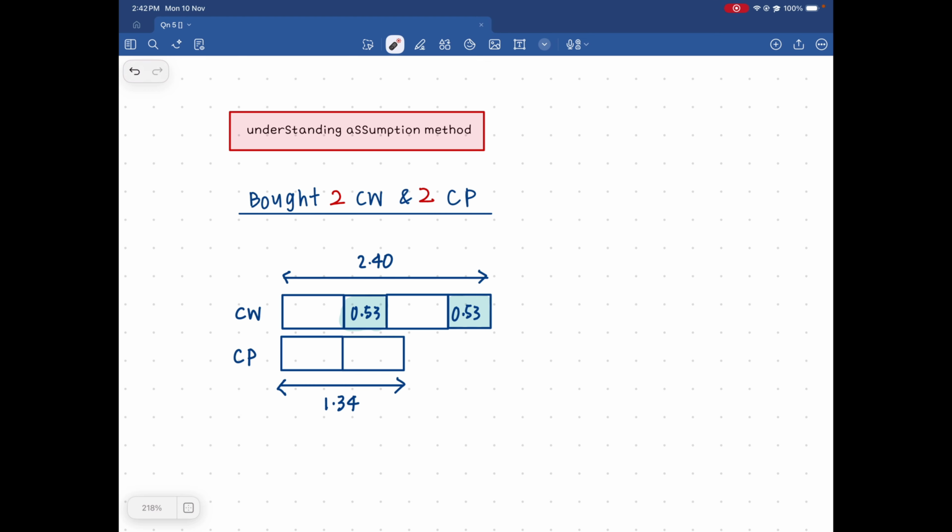Next, after we understand that, we're going to assume we have bought 2 chicken wings and 2 curry puff. And the model will look like that. 1 chicken wing, 2 chicken wing, 1 curry puff, 2 curry puff. You'll notice that the extra cost of the chicken wing is interspersed between the white rectangles, and this is a little difficult to visualize.